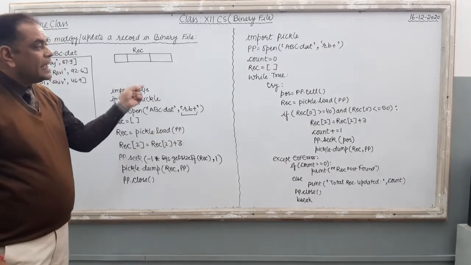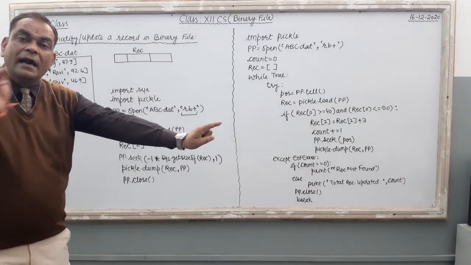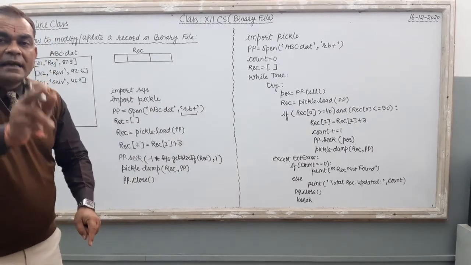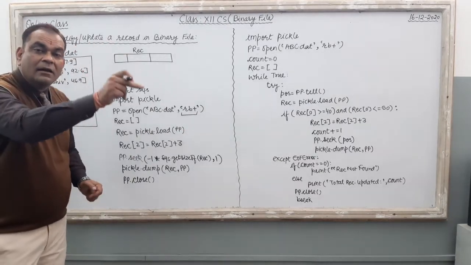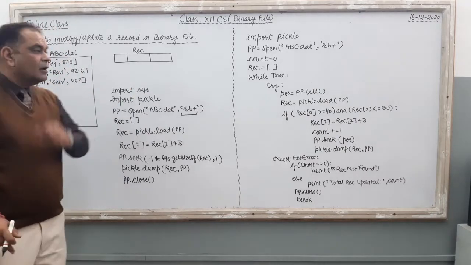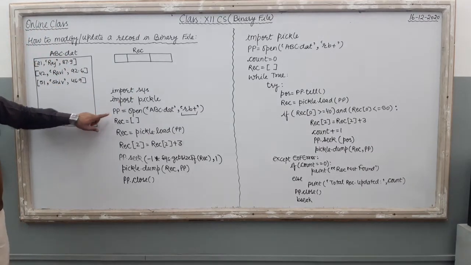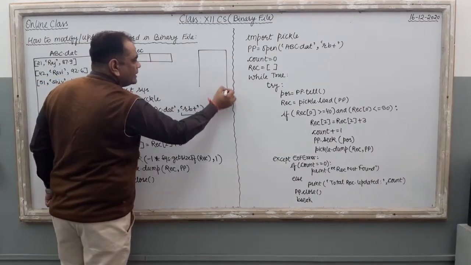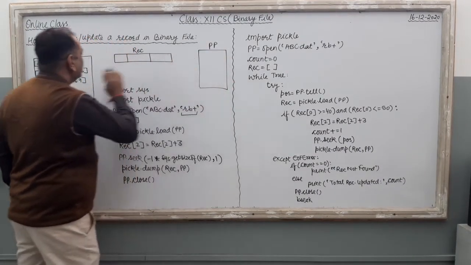You have to take a copy of your file from hard disk to RAM, and then your Python operations are related with the file handle, the file variable that is there inside your computer's memory. Clear? So here pp is a file variable. It is created inside your computer's memory just like this one.